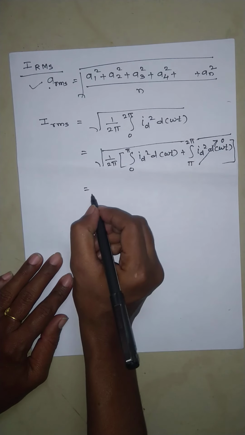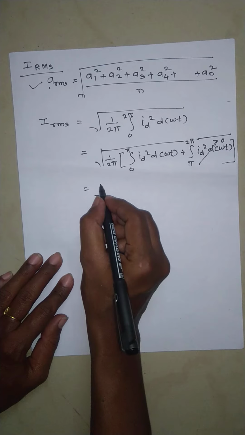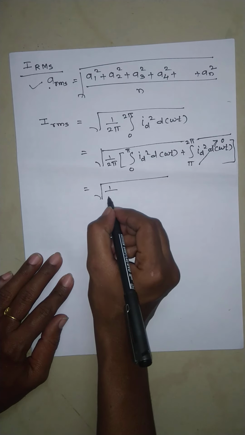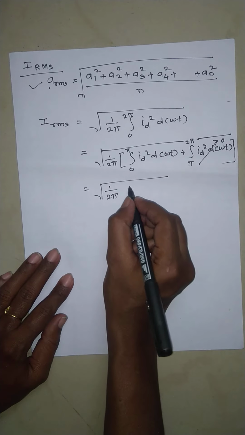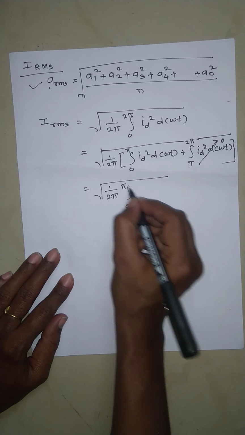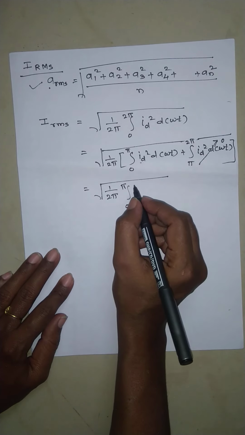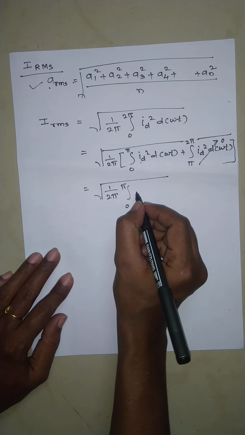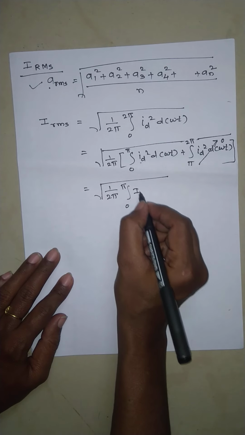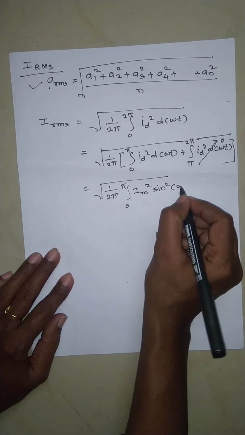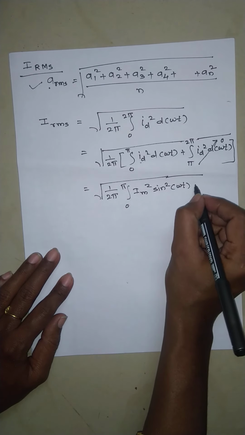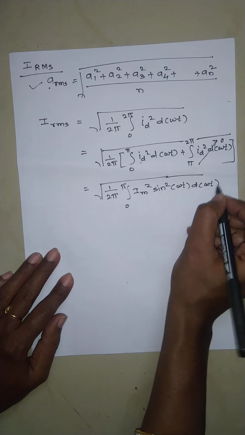So what we will obtain is the square root of 1 upon 2 pi, integration from 0 to pi, id square. Let us write it as Im square sine square omega t d omega t.